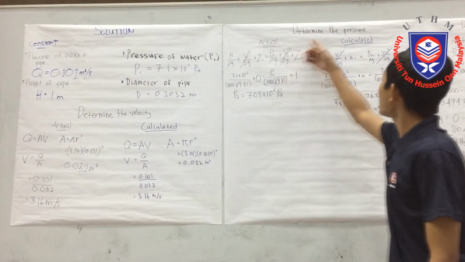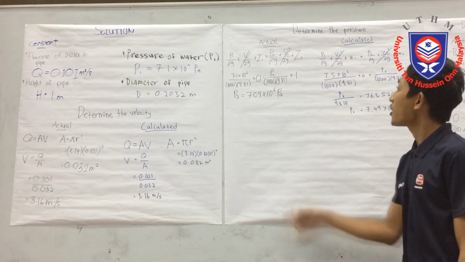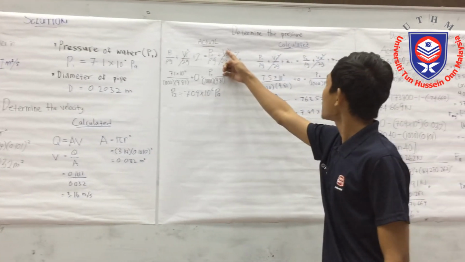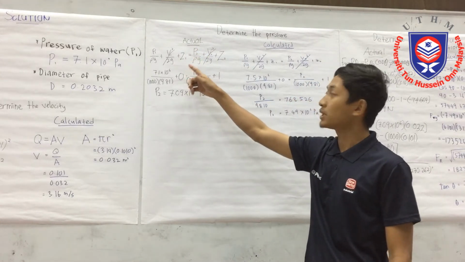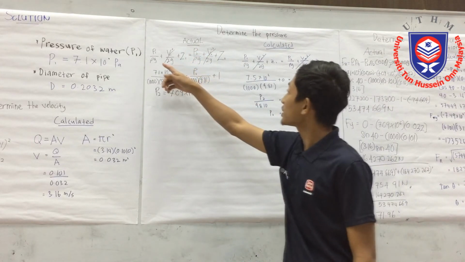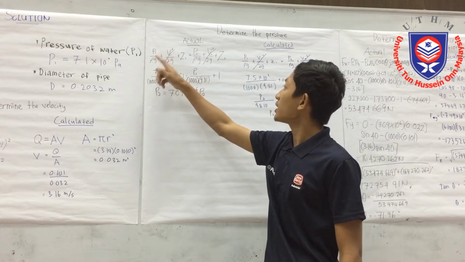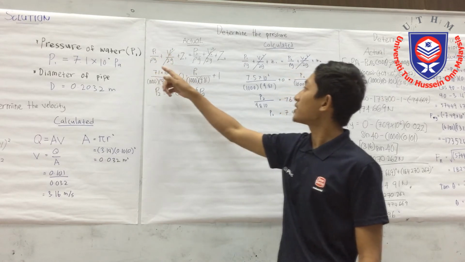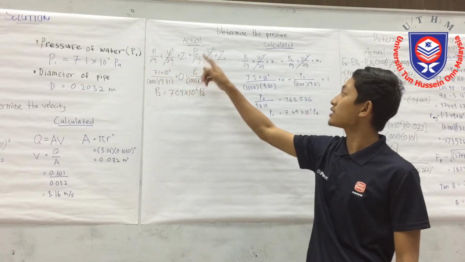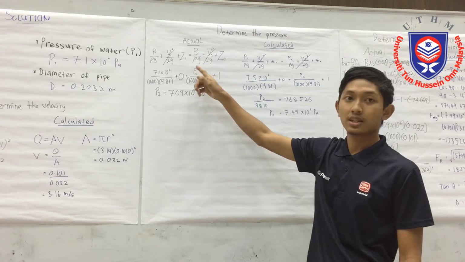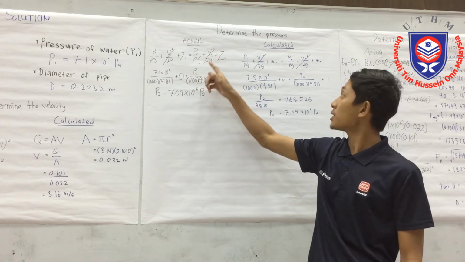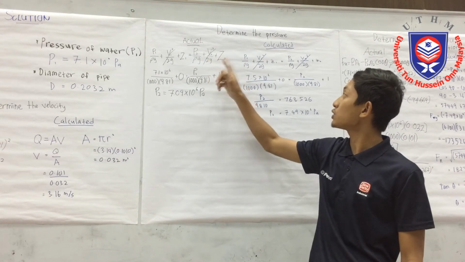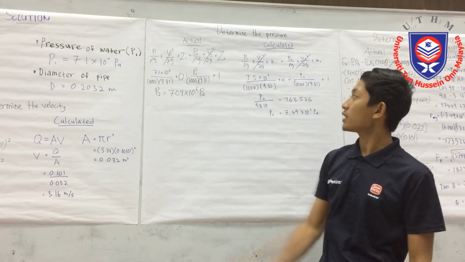Then we will find the pressure from the actual value and the calculated value. For the actual value we use the Bernoulli equation: P1 over rho g plus V1 squared over 2g plus Z1 equals P2 over rho g plus V2 squared over 2g plus Z2.